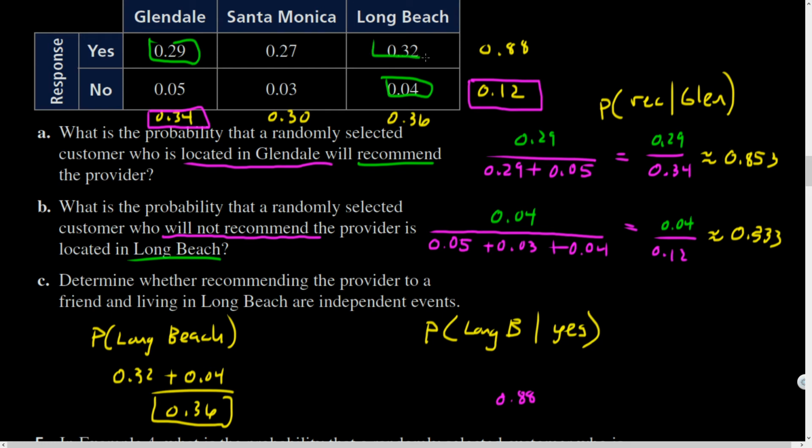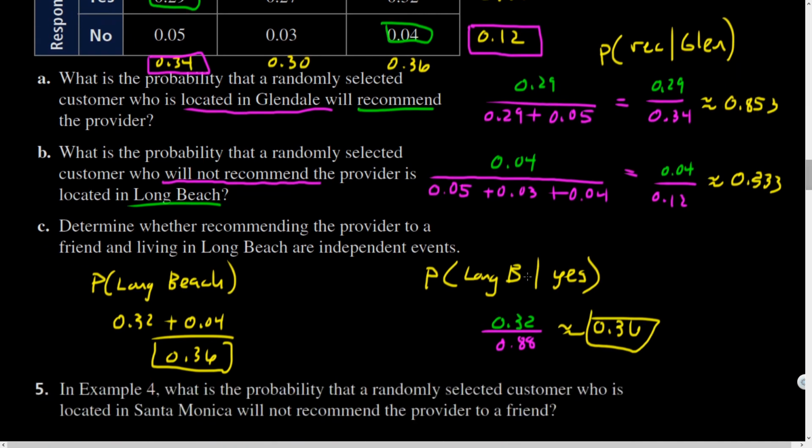And someone from that group that lived in Long Beach was the 0.32. And if I divide those two things, I get approximately 0.36. That's probably exact. And since both of these are the same, I'll write it in a different color to indicate it here.